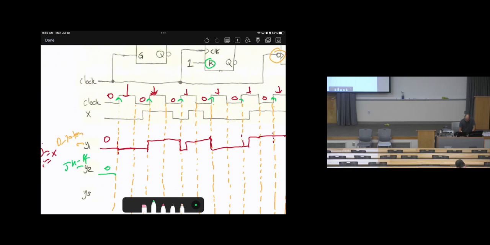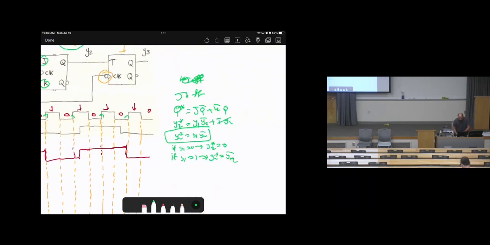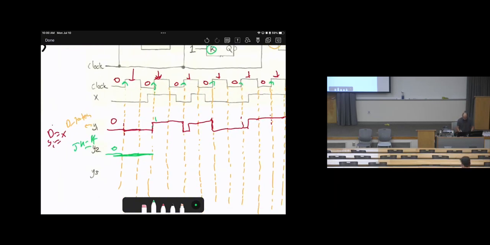So it will make it 0, until the next update. The next update, Y1 is 1. Since it is 1, according to the equation, Y2 star will be the complement. So we need to do the complement. The complement of 0 will be 1.